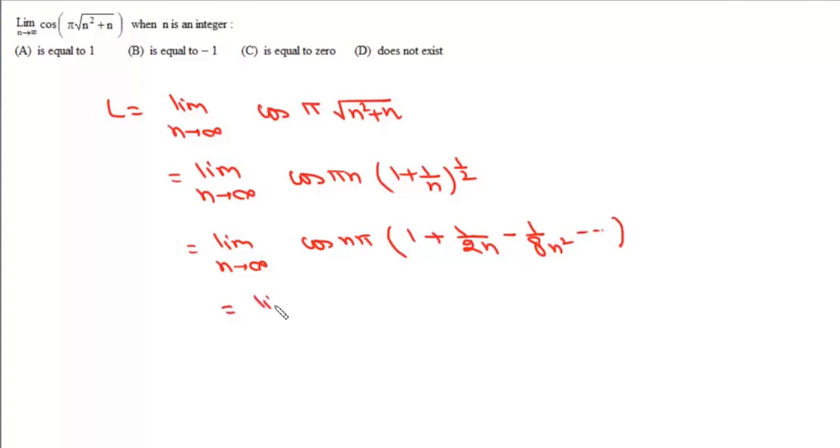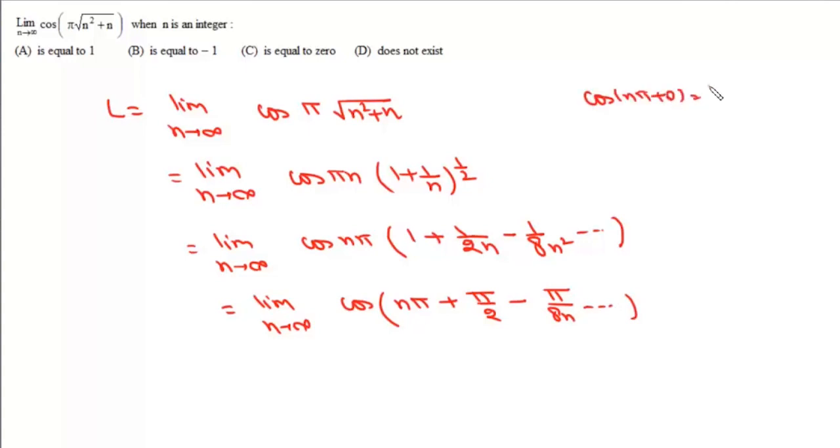Now this is limit n tends to infinite cos, this is n pi plus pi by 2, and then minus pi by 8n. Now cos (n pi plus theta) is minus 1 to the power n into cos theta. So it will be this limit n tends to infinite.